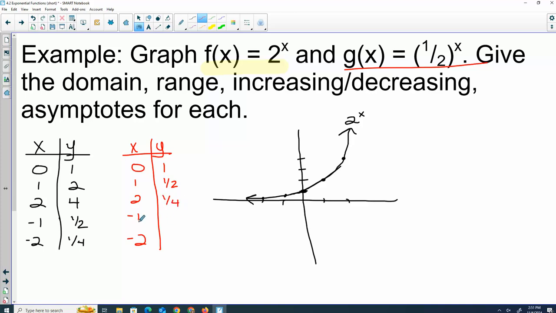What happens if we do 1/2 to the negative 1? And 1/2 to the negative 2? So we get a very similar type graph.